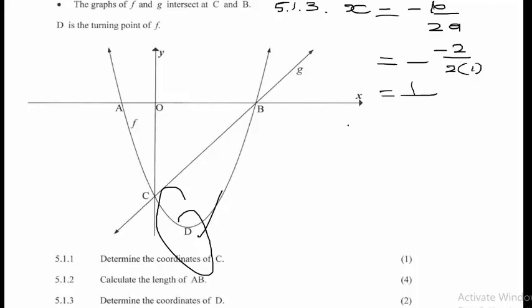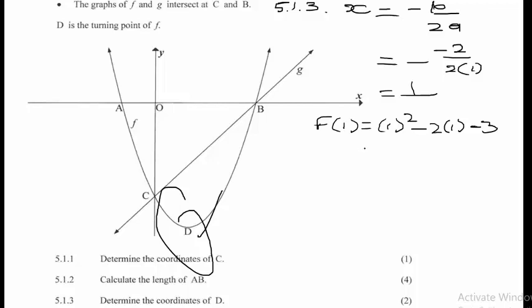So that's what we have. So after this, you know you have your X part of the coordinates. Now you need your Y. For your Y, you will need to then substitute the 1 back into the function. The function is now X squared. It will be 1 squared minus 2 times 1 minus 3.